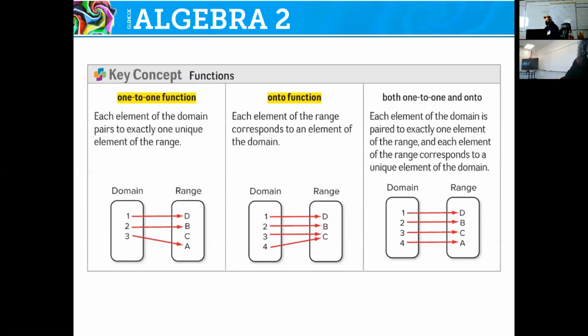So linear functions are always both. Parabolas are never one-to-one, they're only onto. So that's your key concept there. Let's look at how to apply it.